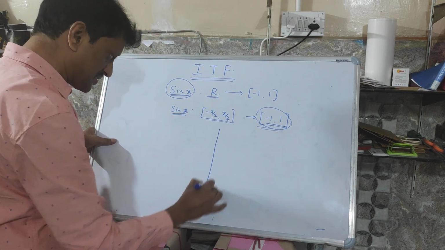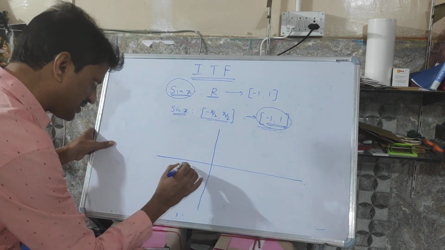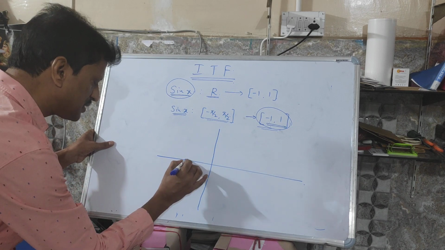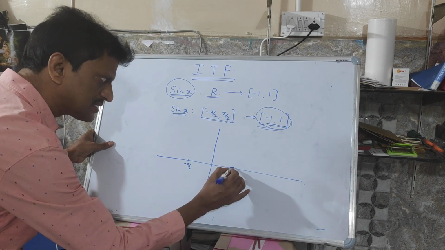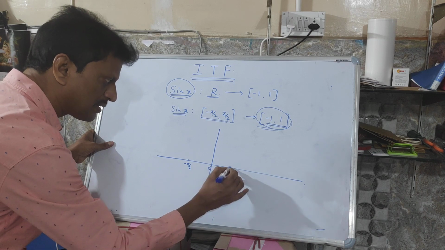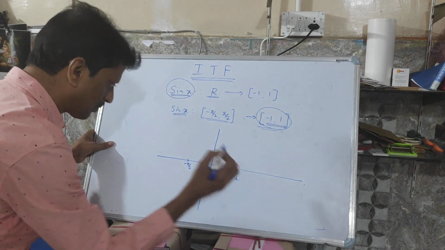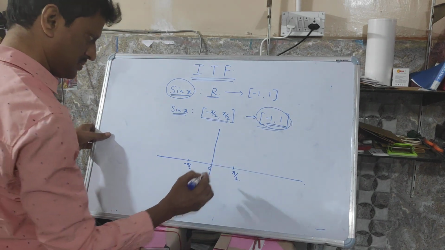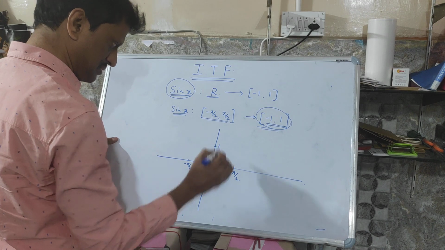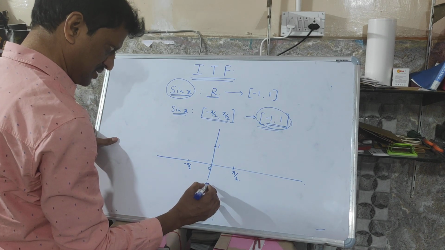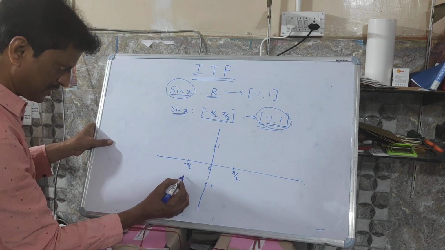I am plotting its graph also on this restricted domain. Say this is the closed interval -pi by 2, and this side this is 0 and this is pi by 2, and on the range say this is +1 and here it is -1.